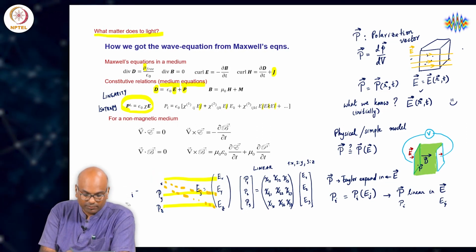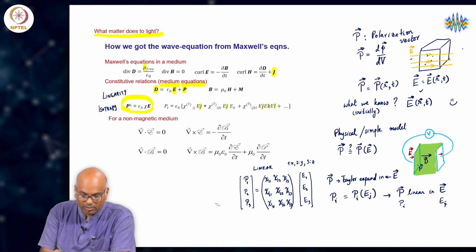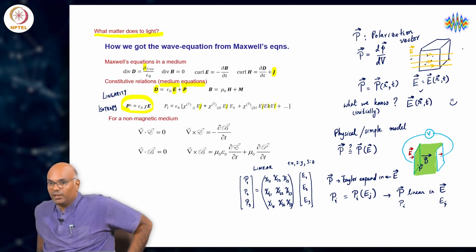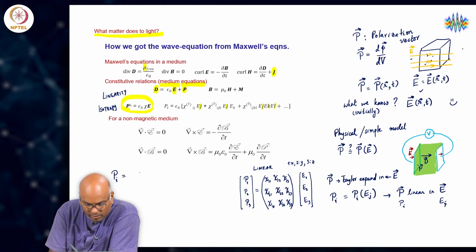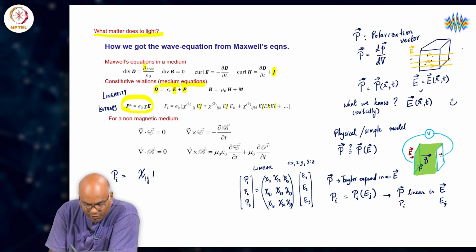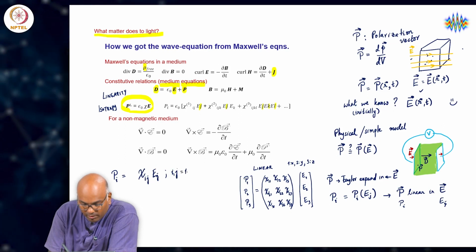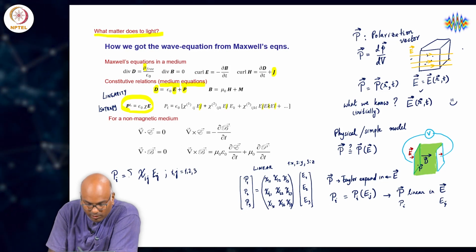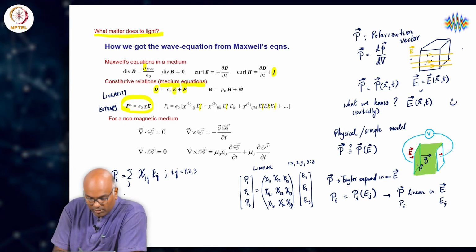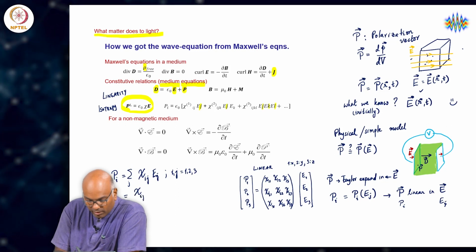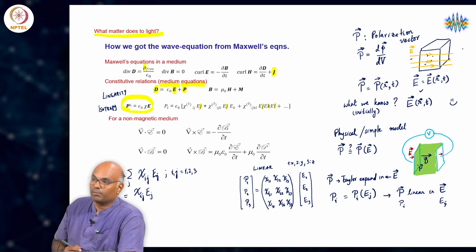If I write this matrix relation in a compact form, then Pi is simply chi ij Ej, where i and j take values 1, 2 and 3, and we sum this over j, but using the so called Einstein summation convention, I can forget about writing the summation symbol and simply say that an index that repeats itself in a term implies a summation over that particular index and so on.